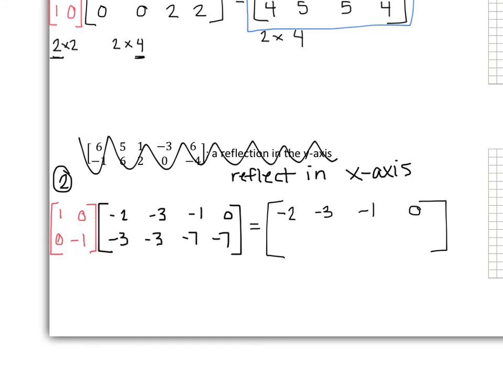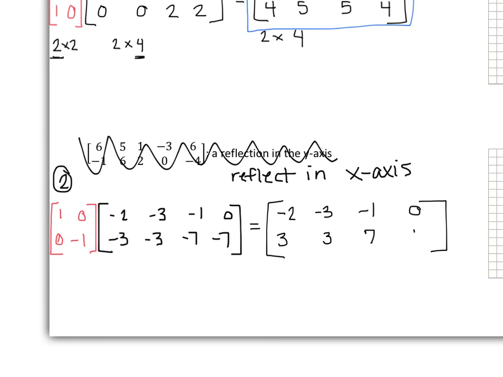So what happens on the bottom? 0 times -2 is 0, plus what's -1 times -3? Positive 3. Okay, keep going. Tell me what you get. 0 times, so it's +3. Positive 3 again.